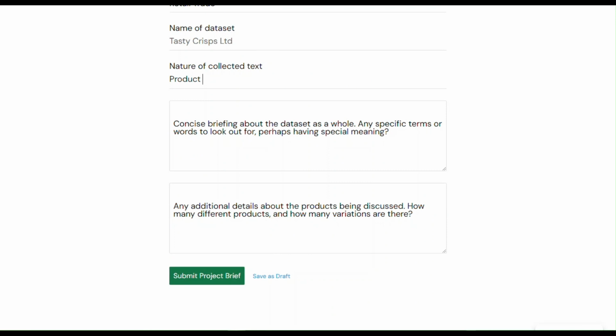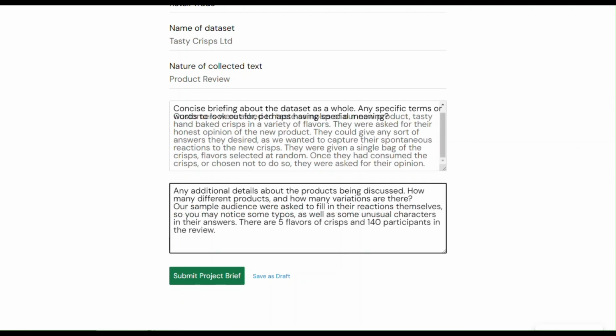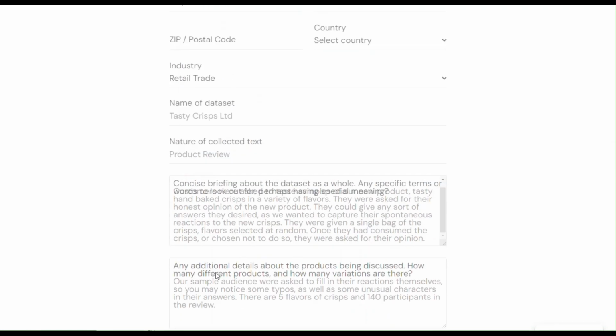Please pay special attention to the 2 text areas at the bottom of the form where you'll be asked to give us full description of the data being uploaded. The more precise detail you are able to give us, the better will be our understanding of your aims and requirements. You can also upload your file after filling in all the form details.